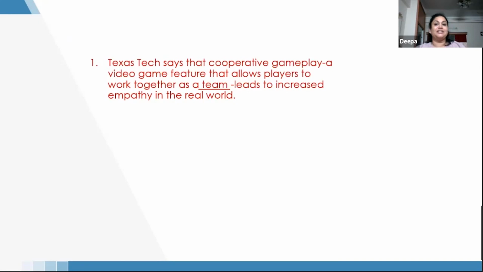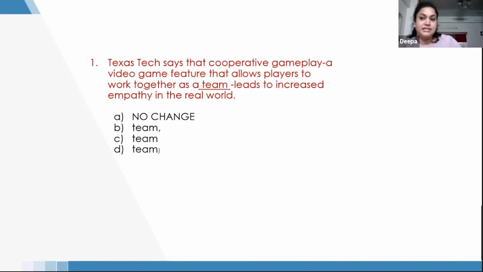Texas Tech says that cooperative gameplay, a video game feature that allows players to work together as a team, leads to increased empathy in the real world. Now here we have 4 choices, and in these 4 choices we have to understand what we are going to use.